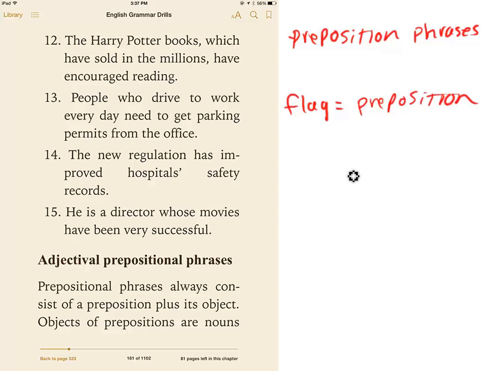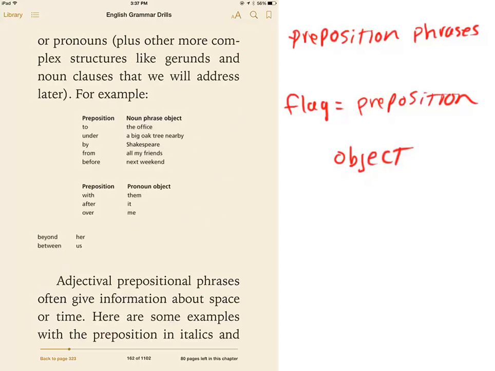And then a preposition always has an object. Okay, it has an object or a noun to it. So a prepositional phrase together modifies a noun, even though it has a noun inside it, and I'll tell you about that in a second.